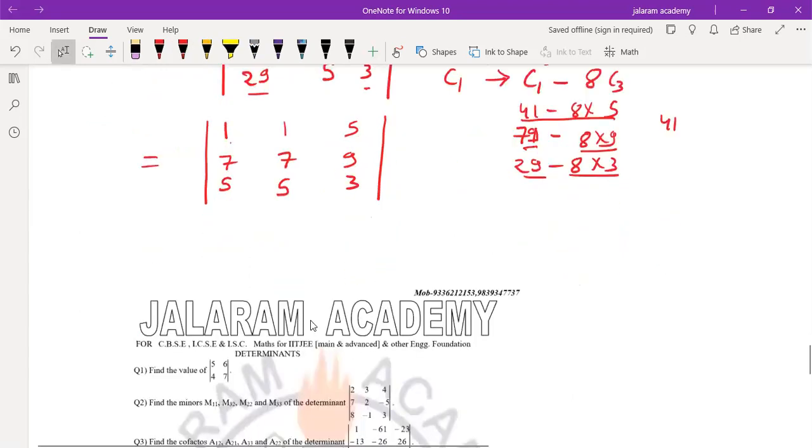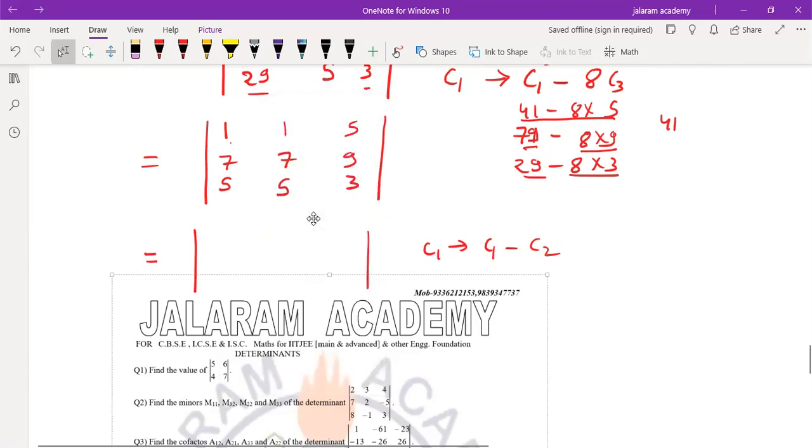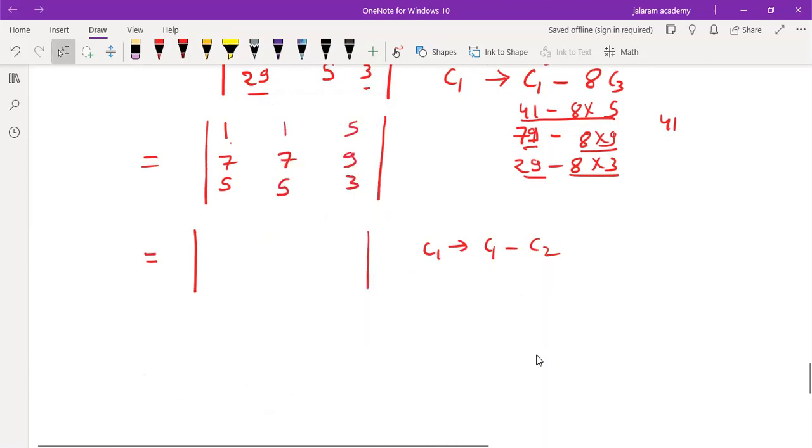Again, if we use C1 is operated as C1 minus C2, what do we get? 1 minus 1, 0. 7 minus 7, 0. 5 minus 5, 0.